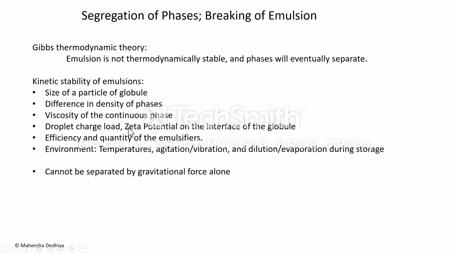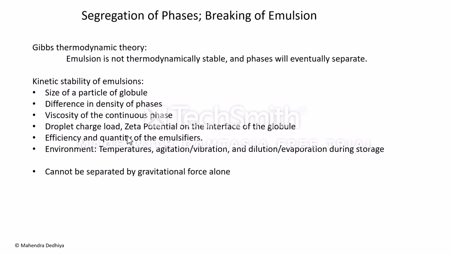In addition to that, zeta potential, efficiency and quantity of emulsifier, and how efficiently emulsifiers cover the interface, are very critical for the stability of emulsion.